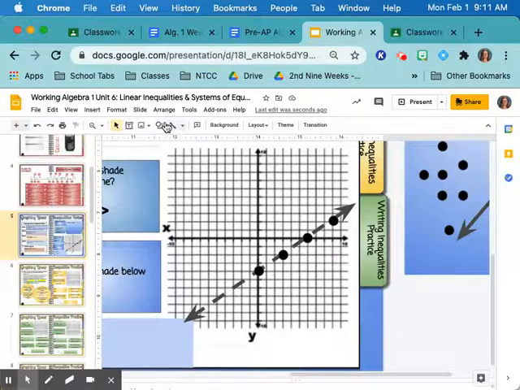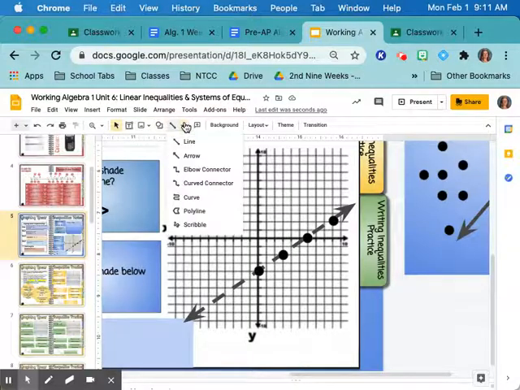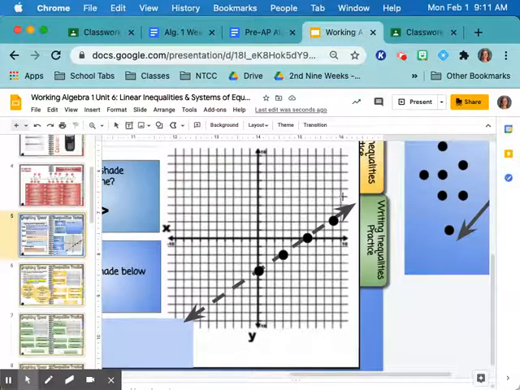Let me show you how to shade this, though. We are going to do a polyline. I think this is how we did it. One of my students had to show me. Click here. Okay, now you're going to start at the end of the arrow. Click, and then it's going to have you create like a line.